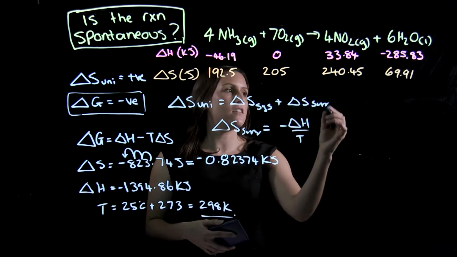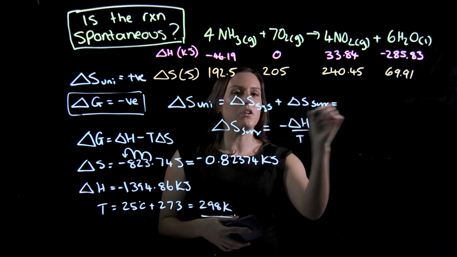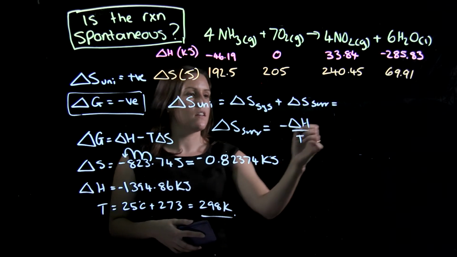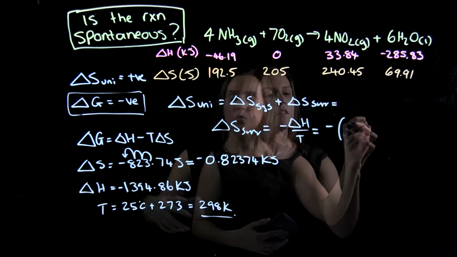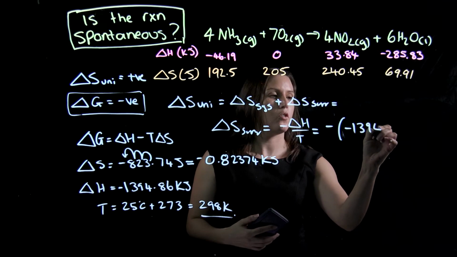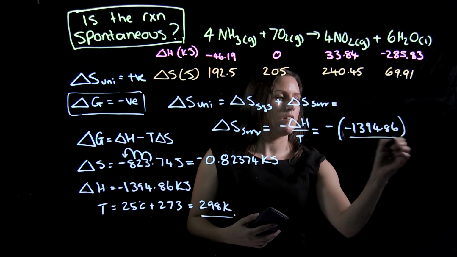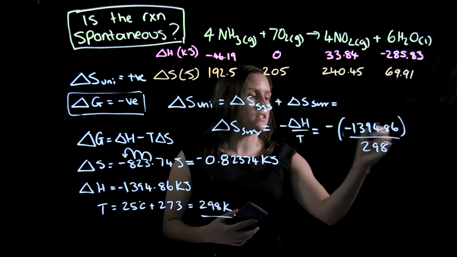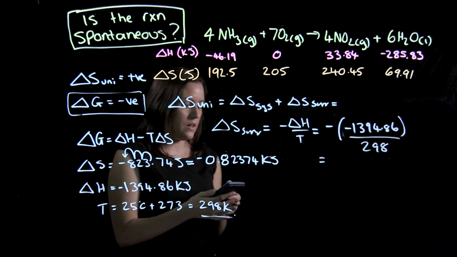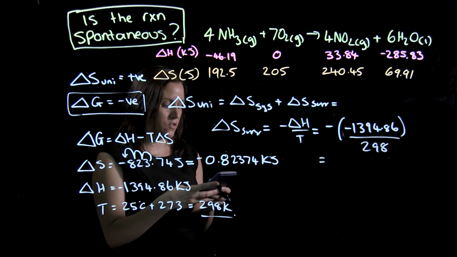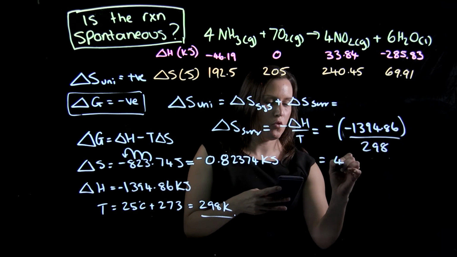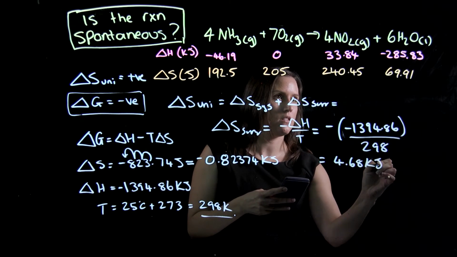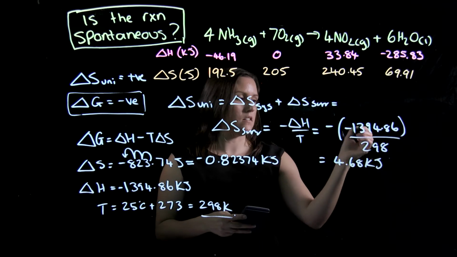Okay, so we'll do delta S of the universe. Let me firstly work out my surroundings. So it's minus delta H on T. Putting that into my calculator now, I've got 1,394.86 divided by 298, which gives me 4.68 kilojoules. Then I can put that into my delta S of the universe.